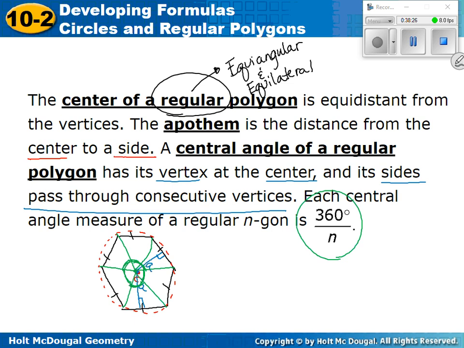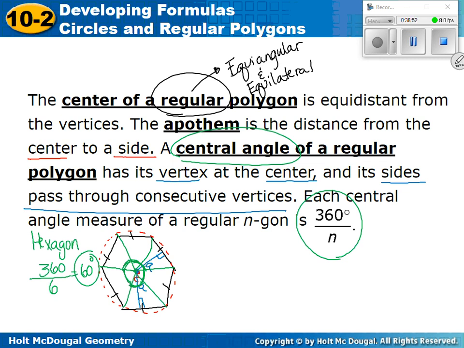So what would be the central angle for this hexagon here? 360 divided by 6, which is 60. So however many sides you have, that's how many triangles can be formed, and that's how many angles you're going to have inside your polygon.